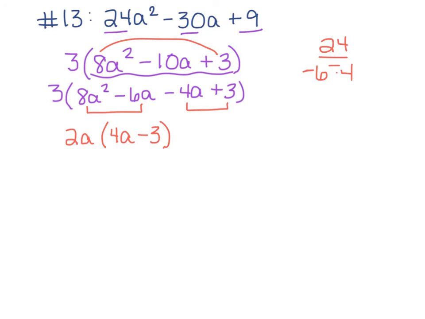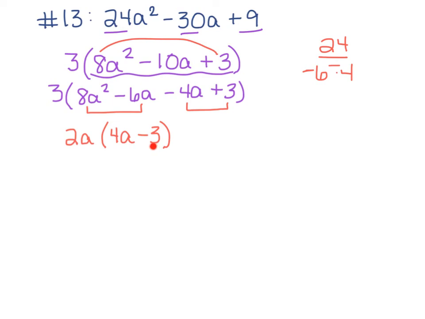Now, when I look at this next pair, the negative 4A and the positive 3, I don't have anything I can take out, right? There's nothing that they have in common. So normally what I would do is I would just say plus 1, right here I would say plus 1 and then leave this in parentheses like I'm pulling out a 1, which I know is a little weird. But notice that this is backwards sign-wise from what I want it to be.